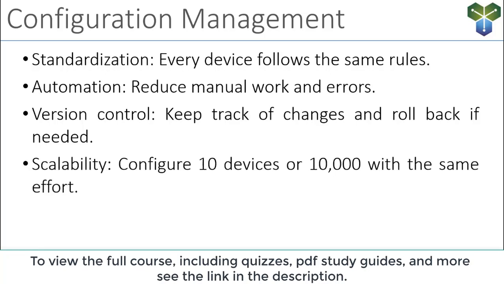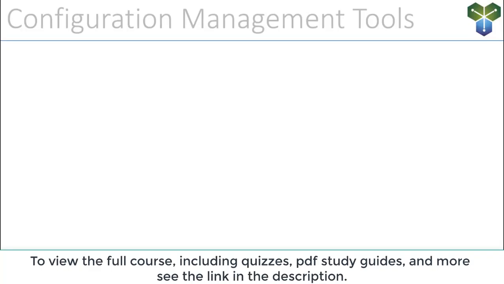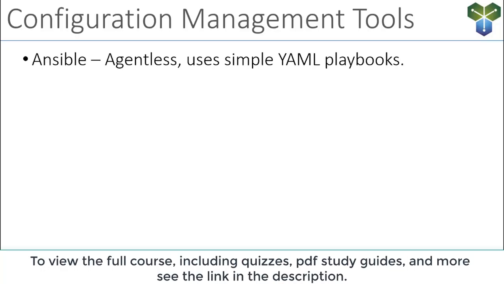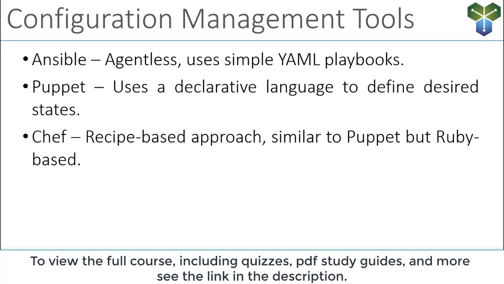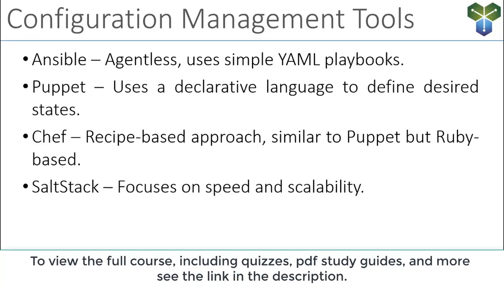And of course, configuration management tools are more scalable. We can configure 10 devices or 10,000 devices with the same amount of effort. It doesn't take any more work to add more devices. And some of the most commonly used configuration management tools include Ansible, Puppet, Chef, and SaltStack.